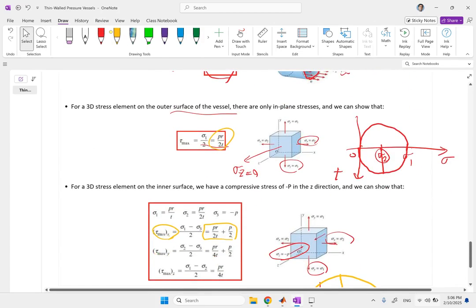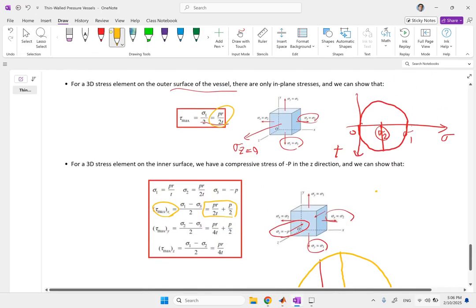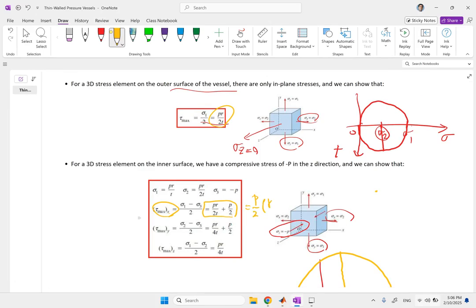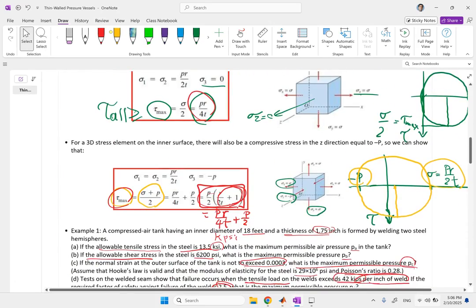So you clearly see that if you factor this out, it is going to be P over 2 times R over T plus 1, and this is PR over 2T. If you go back and look at these ones, look, this was P over 2.